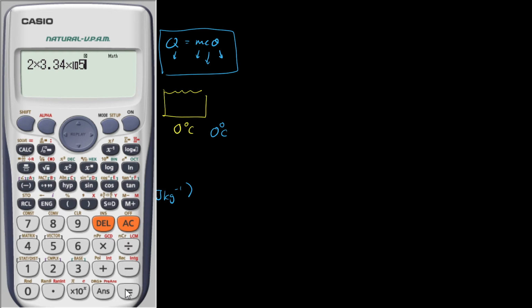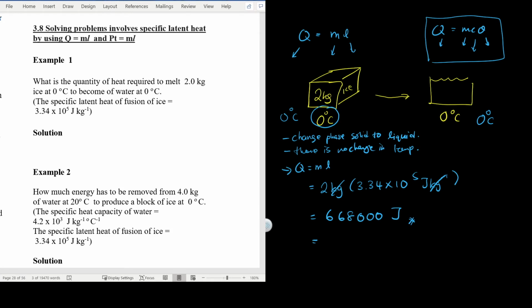You should get 668,000. The unit kg and kg to the power of minus 1 cancel out, so we just have joule. This is the amount of heat required to change 2 kilograms of ice into water. Or we can write it as 668 kilojoules.